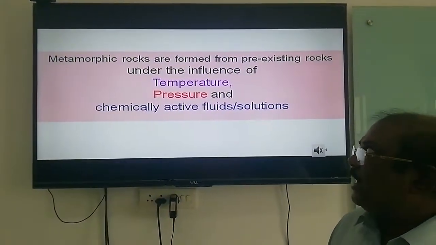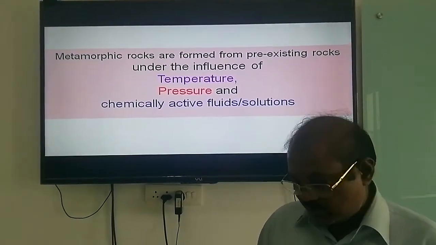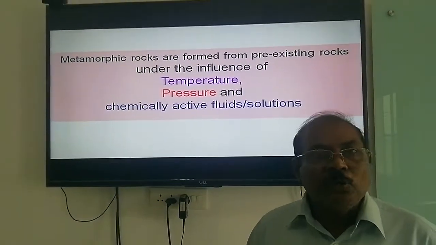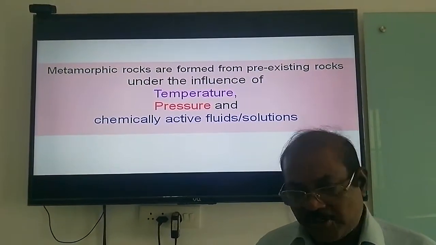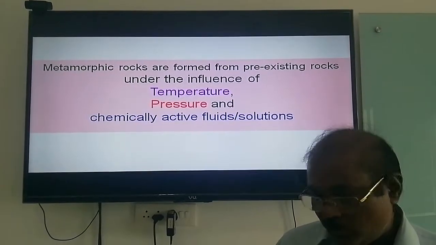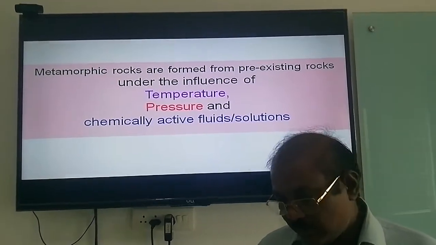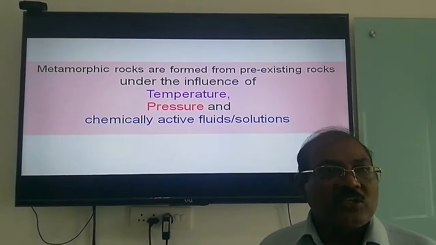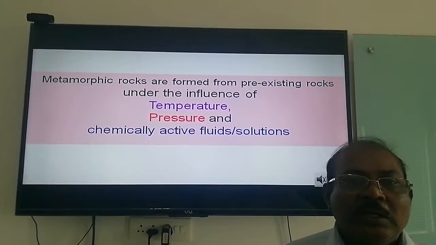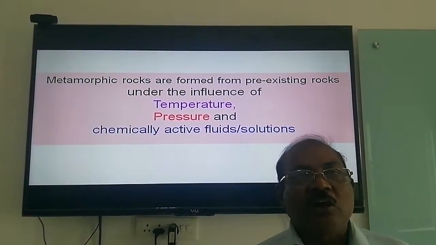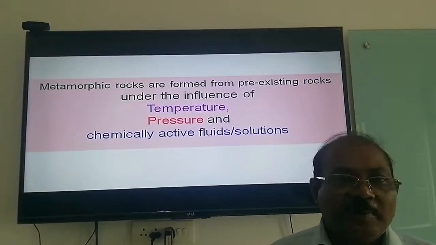Metamorphic rocks are formed from pre-existing rocks under the influence of 3 parameters such as temperature, pressure and chemically active fluids or solutions. I repeat once again, metamorphic rocks are formed from pre-existing rocks. Here, pre-existing rocks means either igneous rocks or sedimentary rocks.